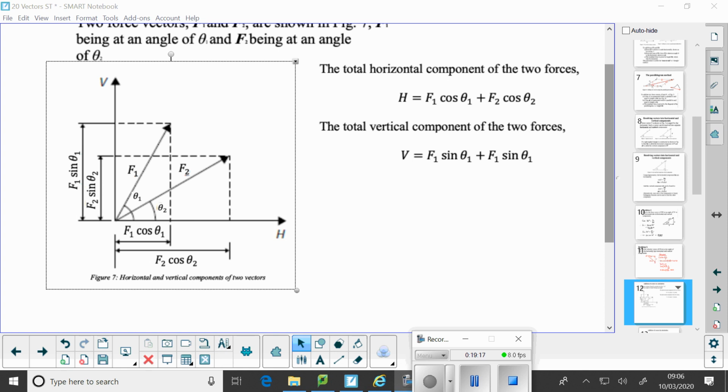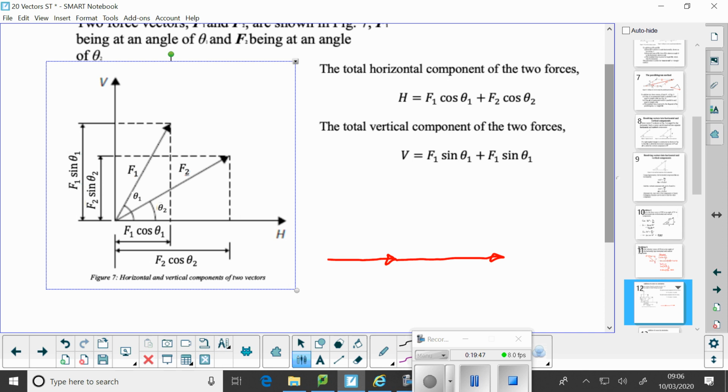We can add them together, firstly, by calculating the total horizontal component. That's like saying we're going to go nose to tail with these two components. There's the horizontal component of F1, there's the horizontal component of F2. We add those two together, and we get the total.